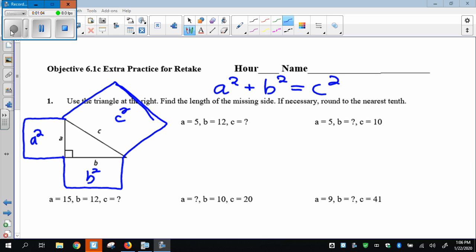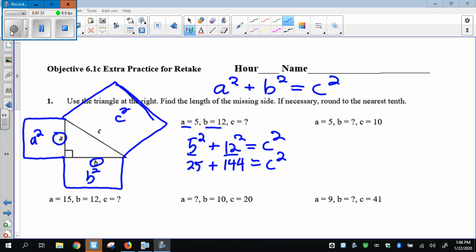So in this first problem, I'm given a and b. So I'm just going to plug it into the formula. a squared plus b squared has to equal c squared if it's a right triangle. Now I'm just going to simplify this. 5 squared is 25 plus 12 squared is 144.